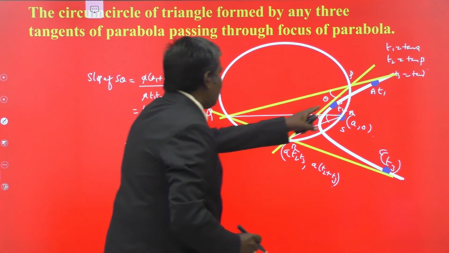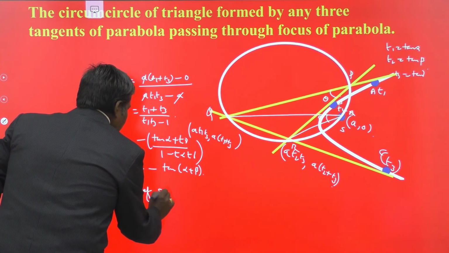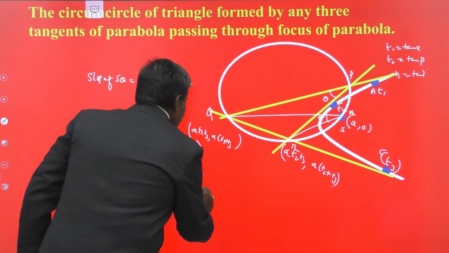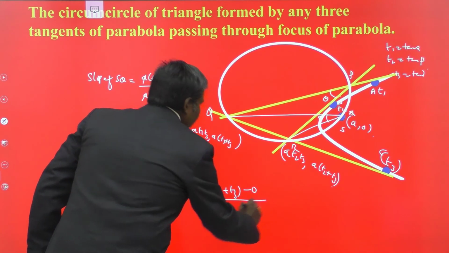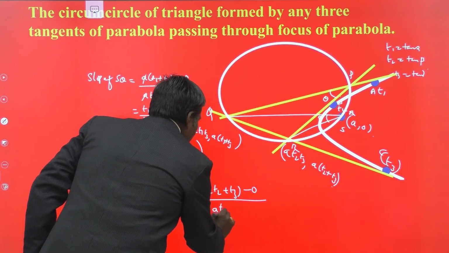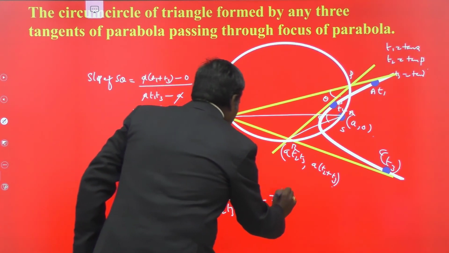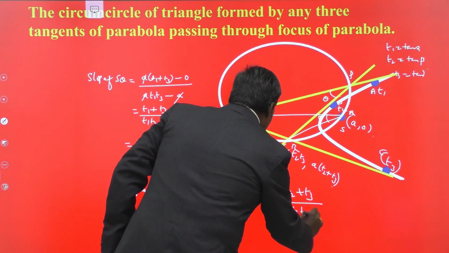Similarly, we can find the slope of SR. What is the slope of SR? A into T2 plus T3 minus 0 by A T2 T3 minus A. Now T2 plus T3 by T2 T3 minus 1.